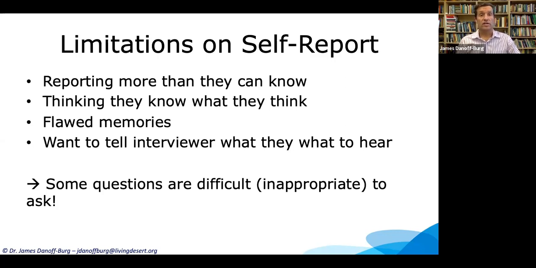And so they're going to not respond clearly and not respond to the rest of your questions correctly, and they may just cut off the interview. So we need to think very clearly about what kinds of questions you could really ask, and not violate that social contract with your participants and your community.